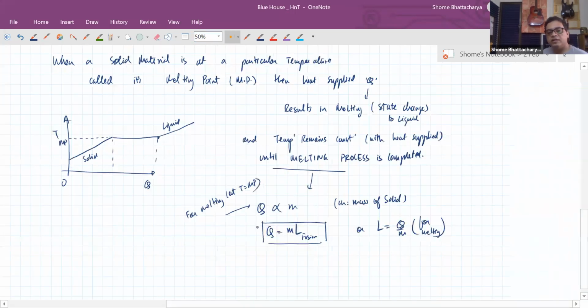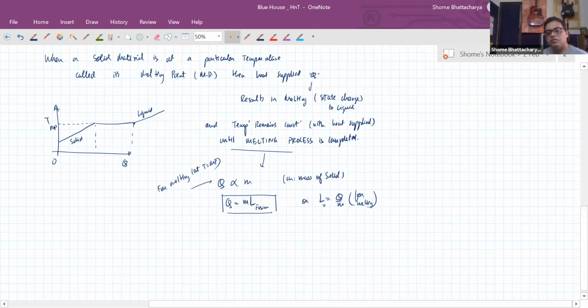So the quantity L is called latent heat of fusion, in joules per kilogram or joules per gram or calories per gram.